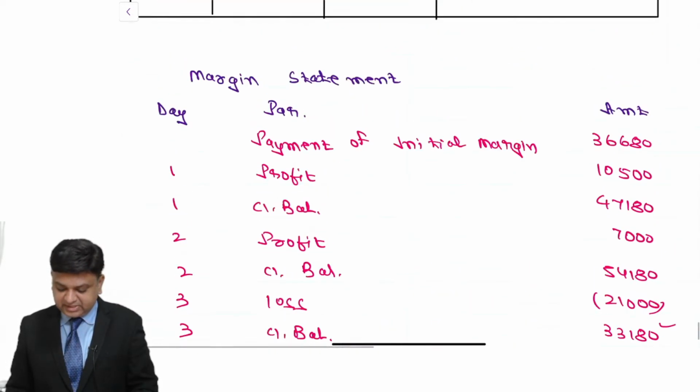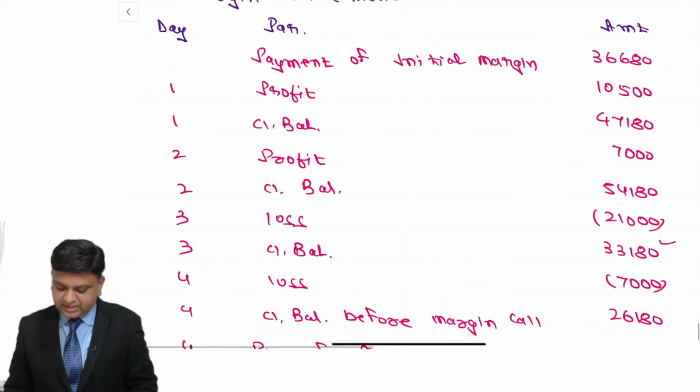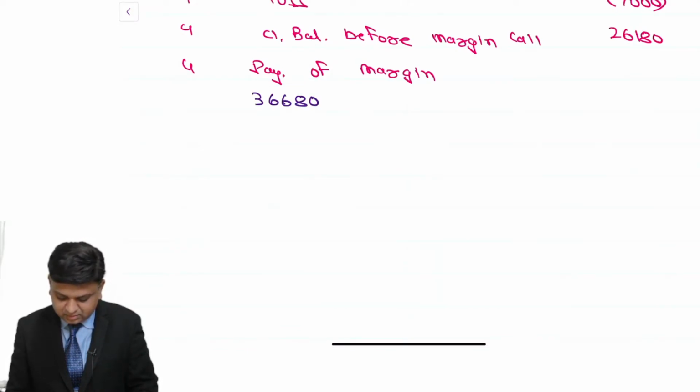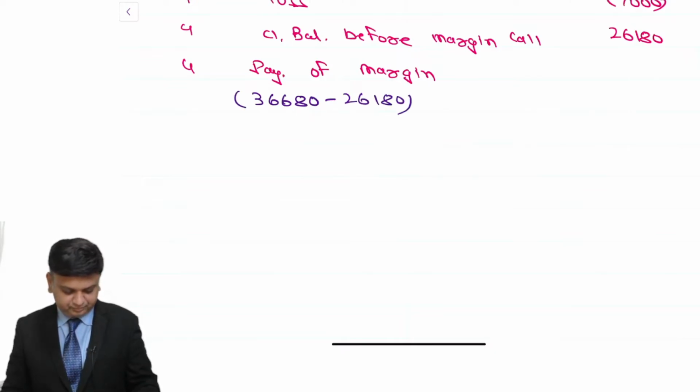What you can see is that the amount of the initial margin is 36680. So 36680 minus 26180. So it is 10,500.